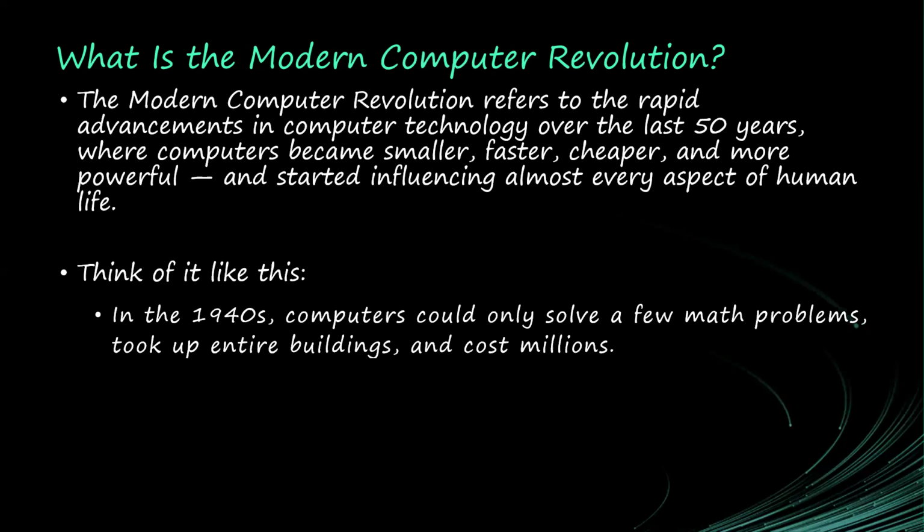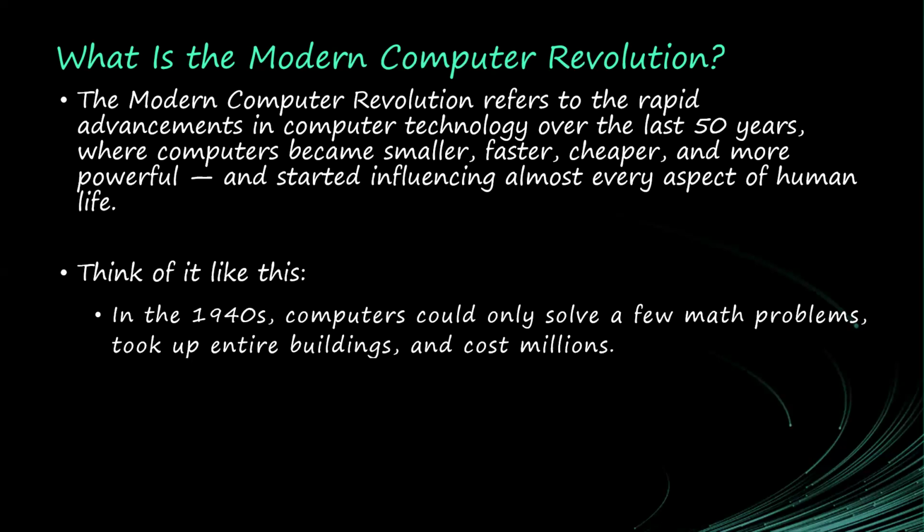In the 1940s, computers could only solve a few math problems. They took up an entire building and cost millions of dollars. In 1940, the first computer that was created could only do very few math problems.